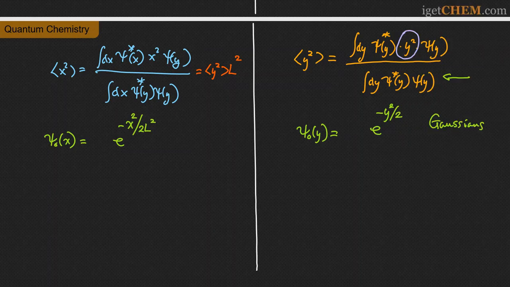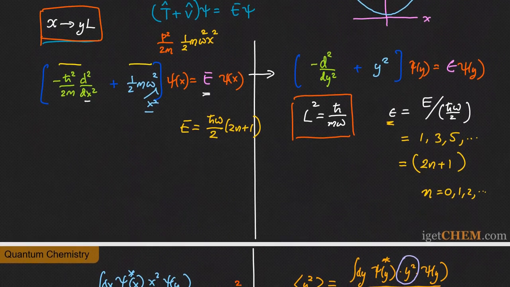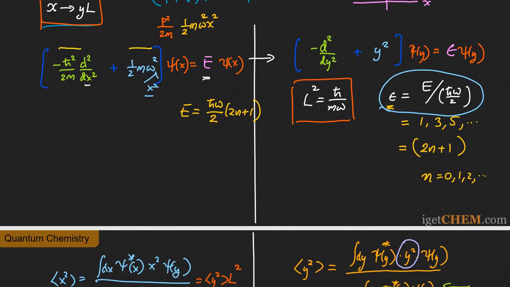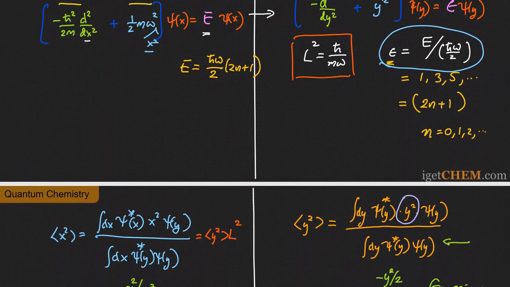And corresponding to that, the energy is equal to 1 in the dimensionless energy. As we have said, the dimensionless energy is related to the real energy by that relationship. So on the left side, the eigenenergy of that wave function is h bar omega over 2 multiplied by 1, right?